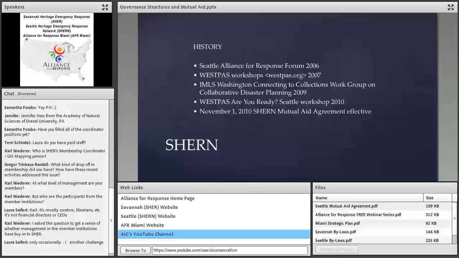Finally, in July of 2010, several participants in the Seattle WESTPAS Are You Ready workshop came together to discuss organizing a Seattle network. And Are You Ready is a WESTPAS workshop that focuses on testing your disaster plan and developing collaborative partnerships.